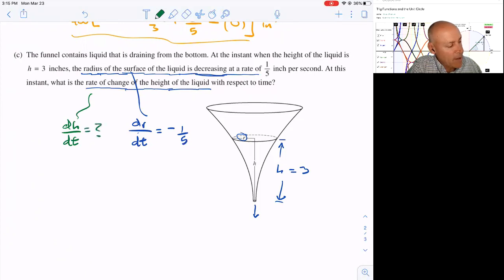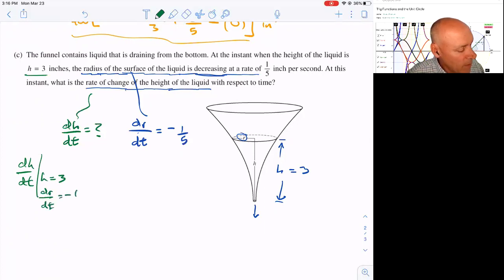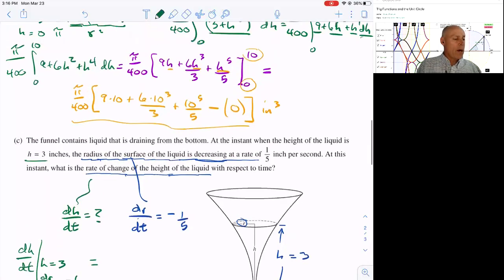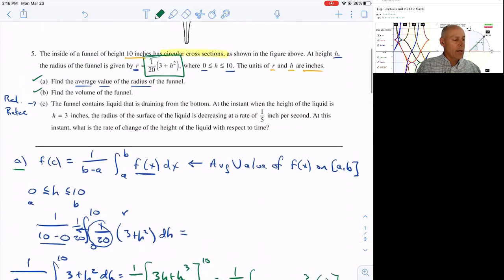So I'm really asked to find dh/dt such that h is equal to 3 and dr/dt is equal to negative 1/5. So now I just have to come up with an equation for dh/dt that has an h and a dr/dt in it. Where could I start to come up with that?